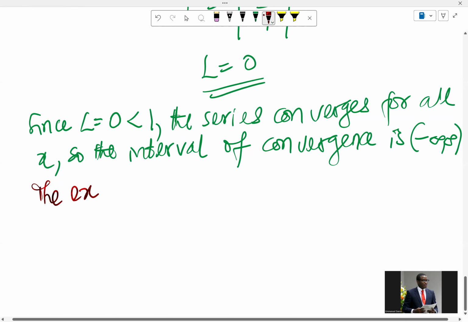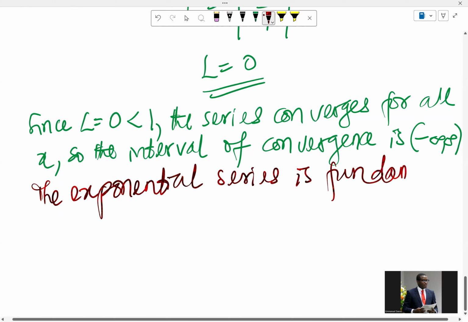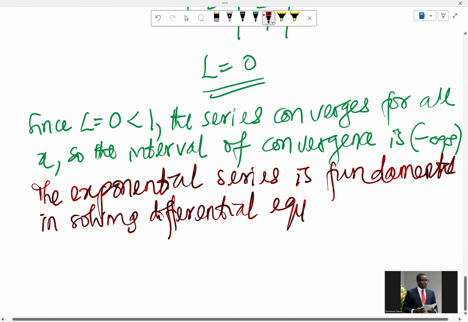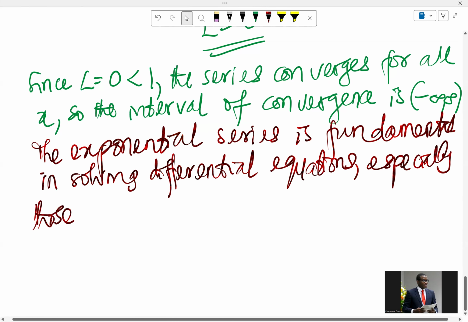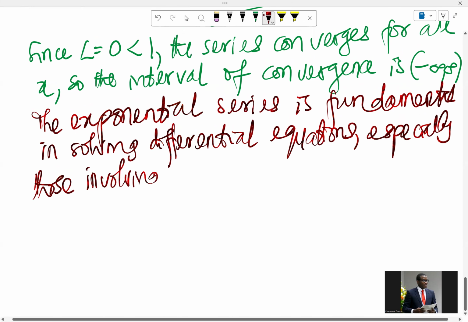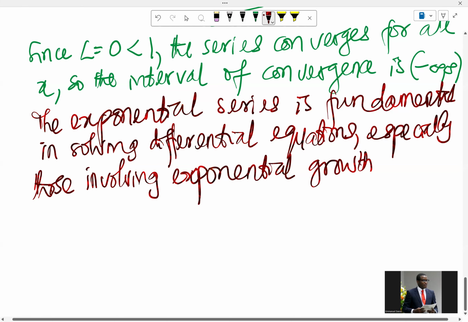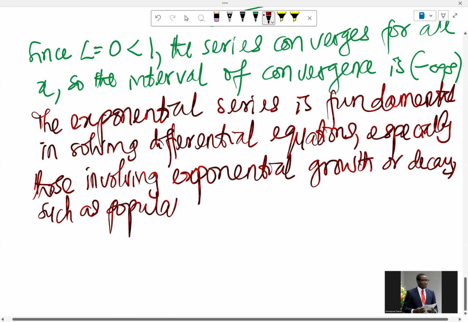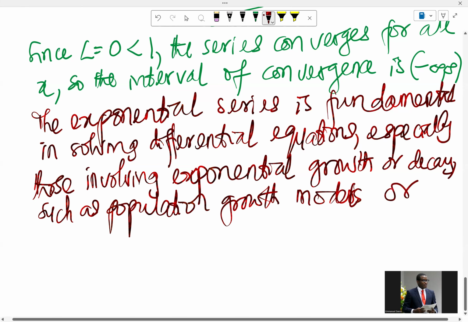The exponential series is fundamental in solving differential equations, especially those involving exponential growth or decay, such as population growth models or radioactive decay.